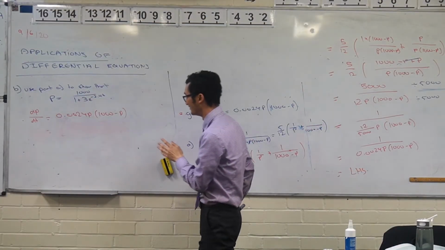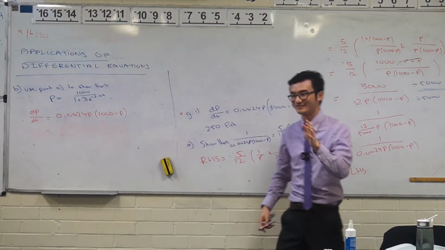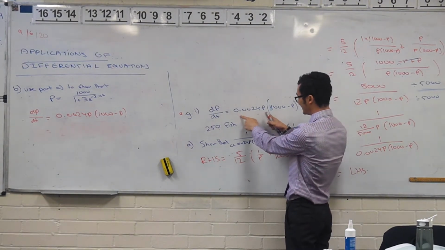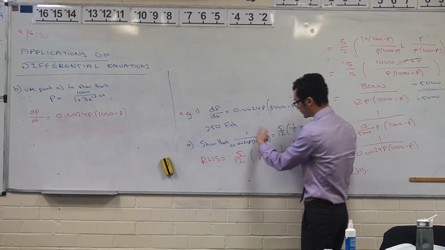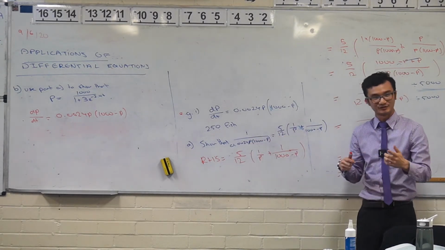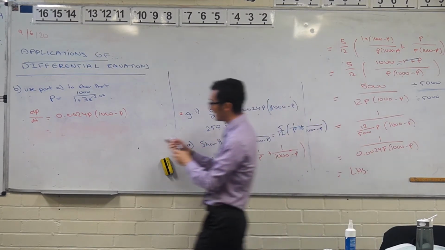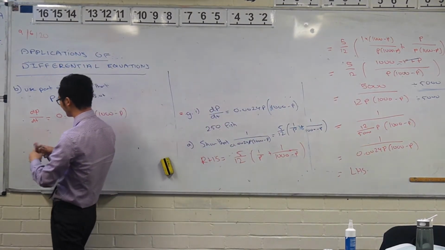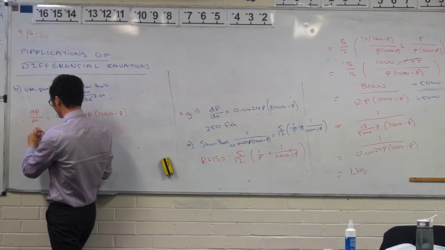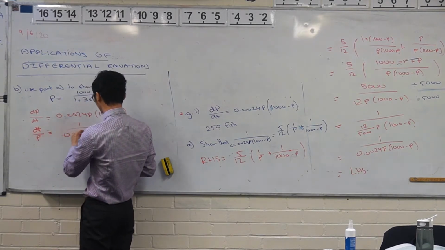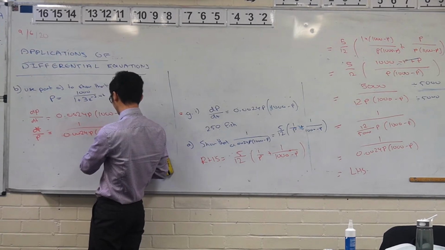So just to confirm, what James and Matt realized is that what you have is this. So this is dp/dt, but what you've shown is something slightly different. It's the reciprocal of that. So in order to do that, we take the reciprocal of both sides now. So dt/dp is equal to 1 on this, right?